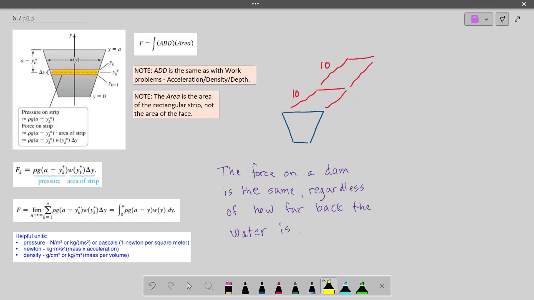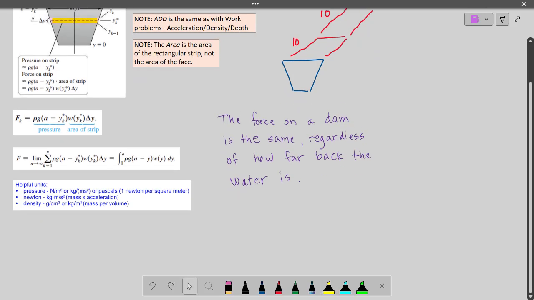So when we look at this little strip here, the idea is that we take a horizontal strip where we have constant pressure. Pressure is constant right there. And then we add some thickness to it to create area. If we just take a thin line across, there's no area, but then if we multiply by dy, we have a strip. So the area of this strip will be whatever the width is multiplied by dy. That's the area of the strip.